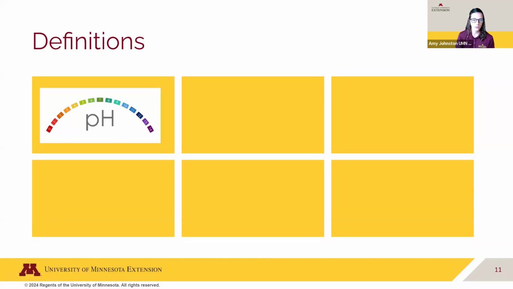The pH scale is from 0 to 14, 0 being the most acidic, 7 being neutral, so think distilled water, and then 14 is the least acidic, which is also called basic or alkaline. The pH of a food has an impact on bacteria survival and growth. So today we'll be talking about low acid foods, which are foods that have a pH of greater than 4.6.